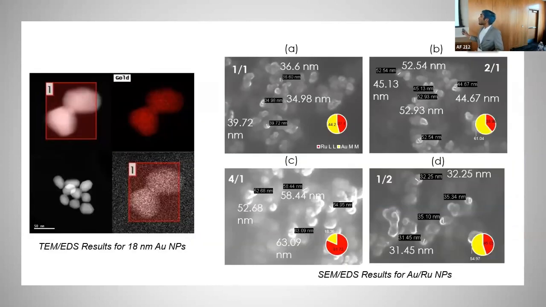So these are some of the data that I obtained for the ruthenium and the gold. You can see in the gold nanoparticles that I utilized energy dispersive X-ray spectroscopy, which is a technique focused on using excited X-rays to obtain the elemental composition of particles.